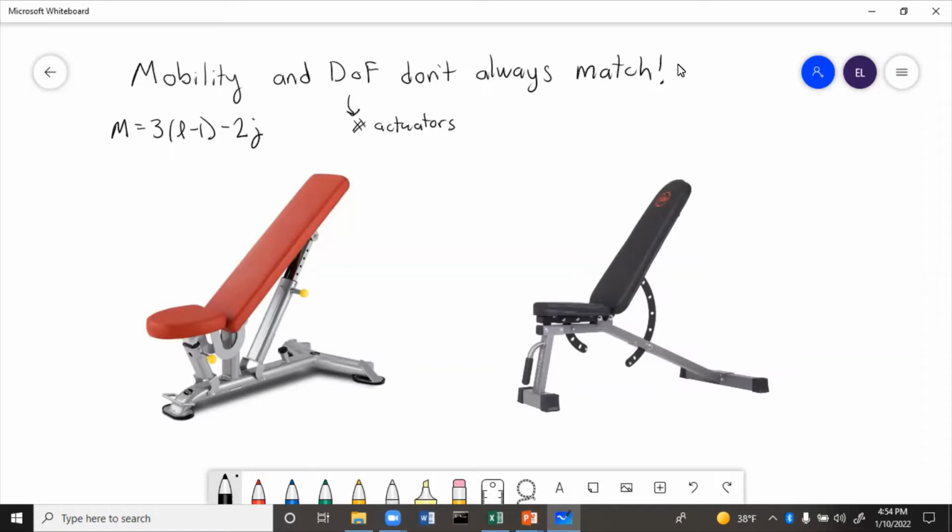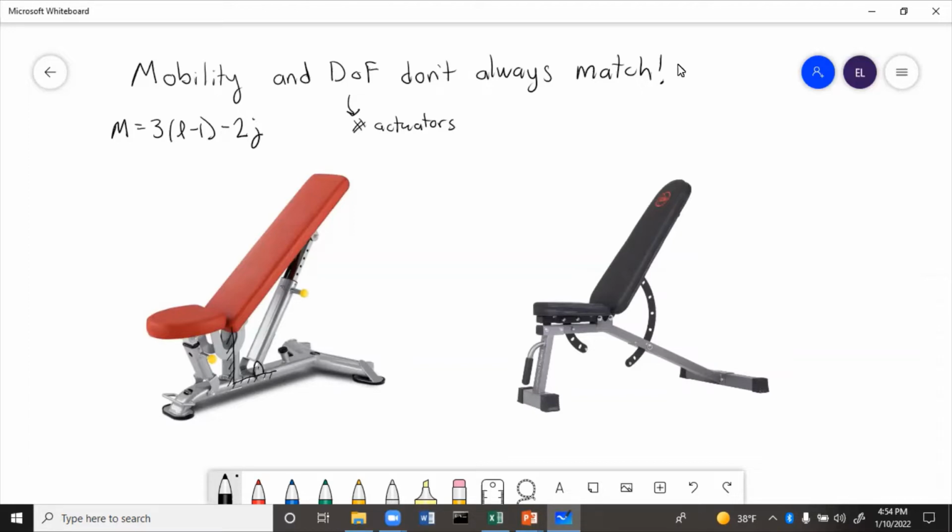So drawing the kinematic diagram, we have the ground here, and ground is always all one link. Even though there's that stem in the middle and then the flat base, the stem and the base don't move relative to each other, so that's just one link.